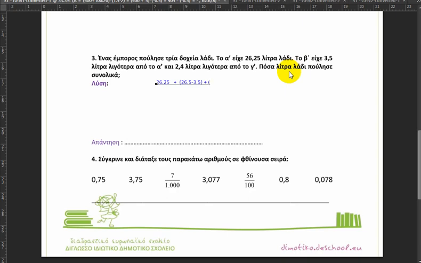So 26.25 minus 3.5, that's B, plus 2.4, because gamma is 2.4 more than B.